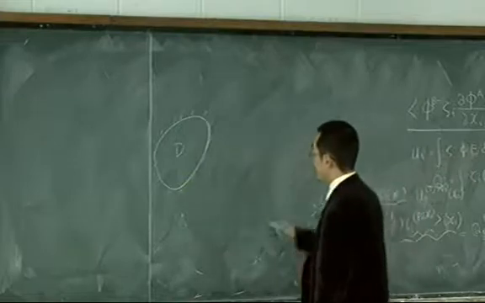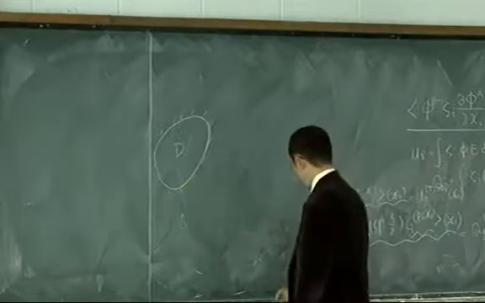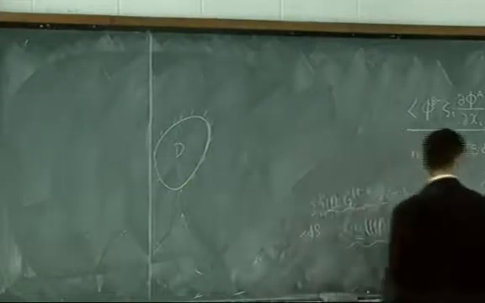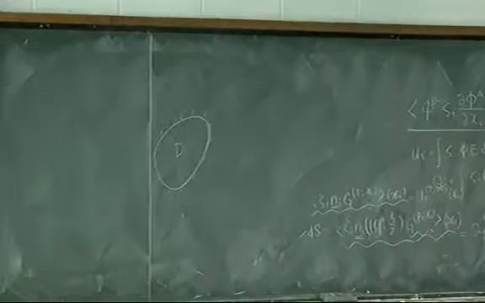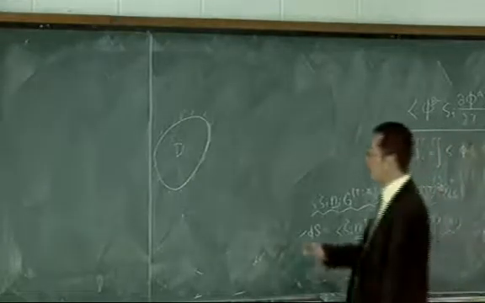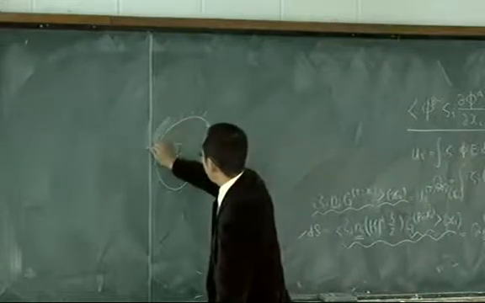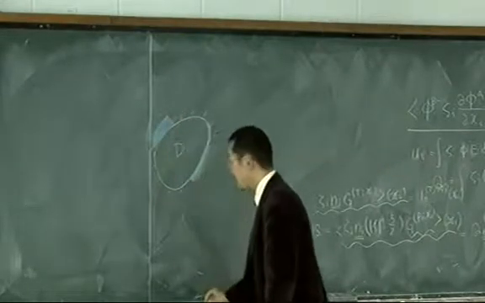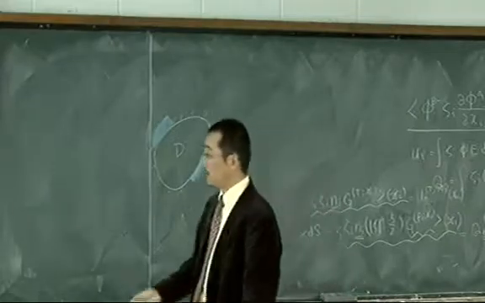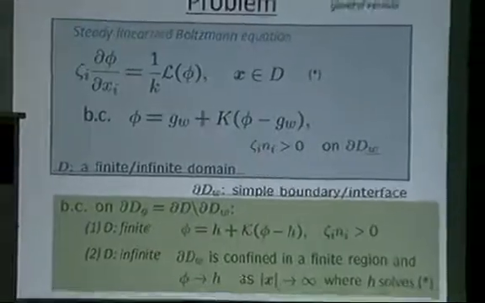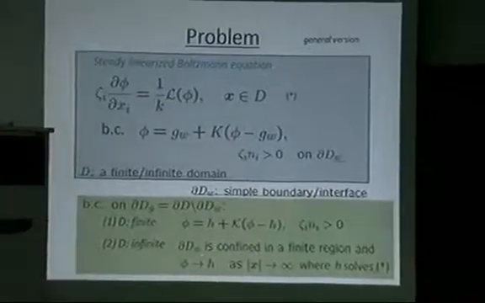case such that some part, in some sense, some part of the boundary is not of this form. But I require very similar properties.